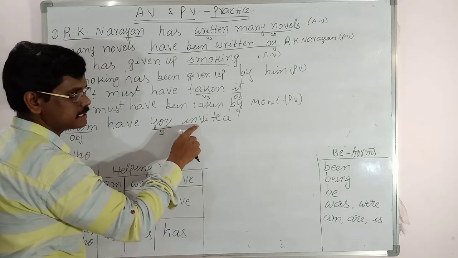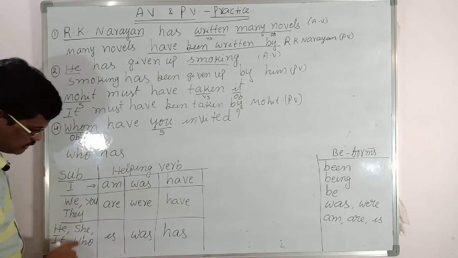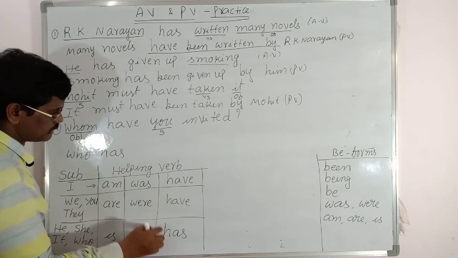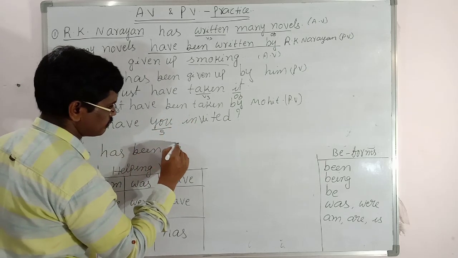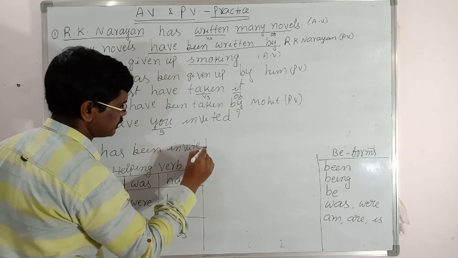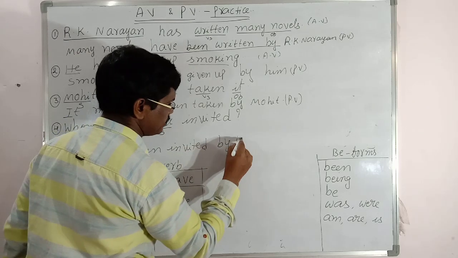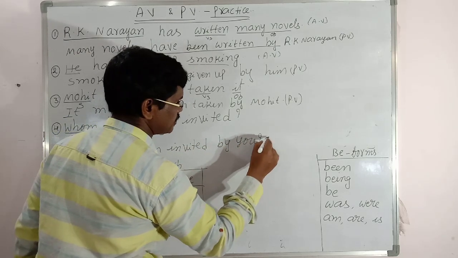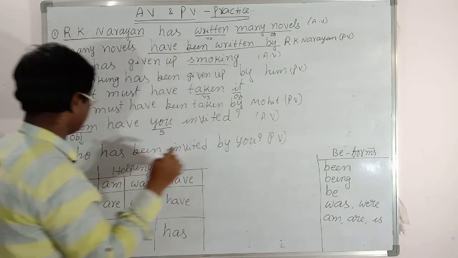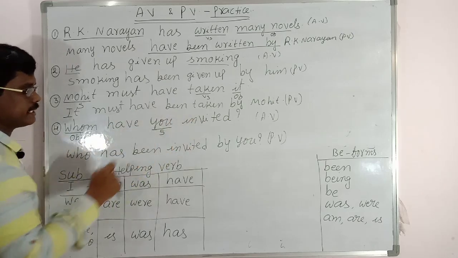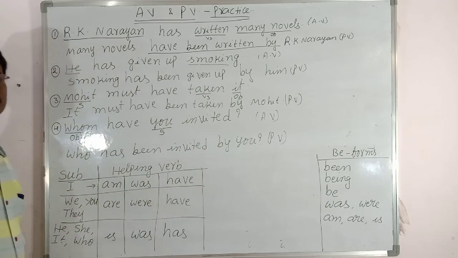Here verb 3 is there. Have changes to has, because I already gave you. Who has. Verb 3 means been, invited. Who has been invited by you? This is passive voice, this is active voice. Whom have you invited? Who has been invited by you?